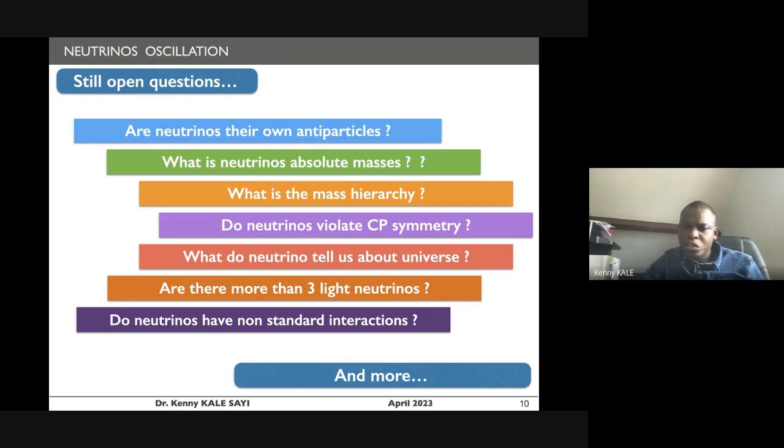And if neutrinos violate the CP symmetry, this means that neutrinos behave very differently from their opposite particles, the antiparticles. This has many consequences for our understanding of the universe.